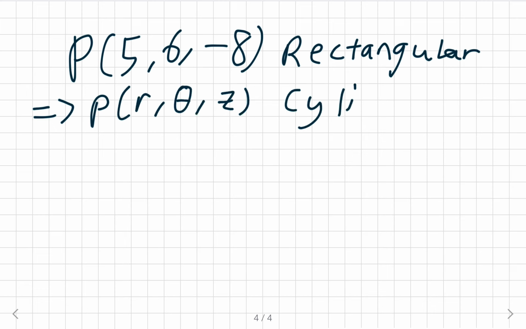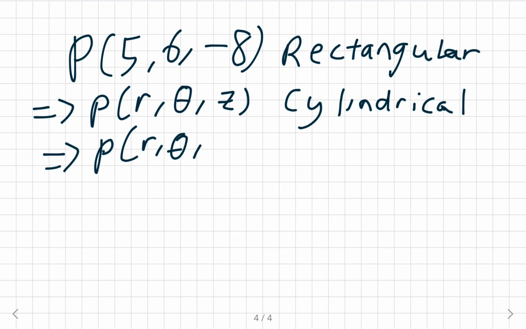That's cylindrical. And then basically we already have z is negative 8. So we need r and theta. r is easier to figure out.